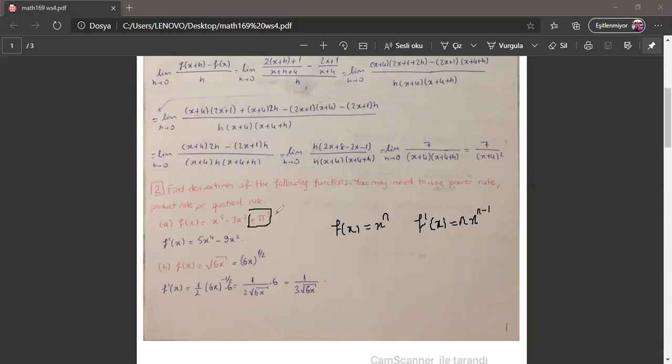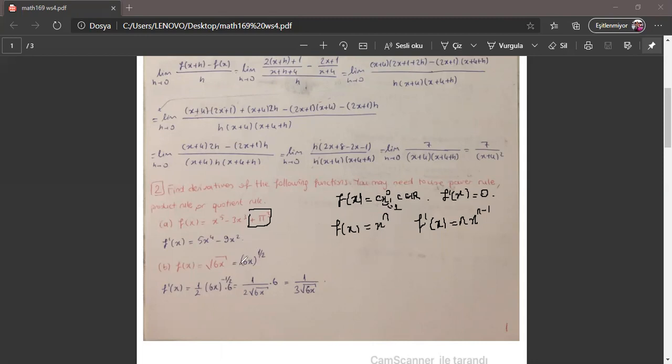This is constant, right? If we have a function which is constant, c is some real number, then its derivative is 0, okay? You can see here as you have x to the 0, right, which is equal to 1, and you just apply this rule, so you have 0 times c times x to the minus 1, so you have 0, okay? You can think of it like that.